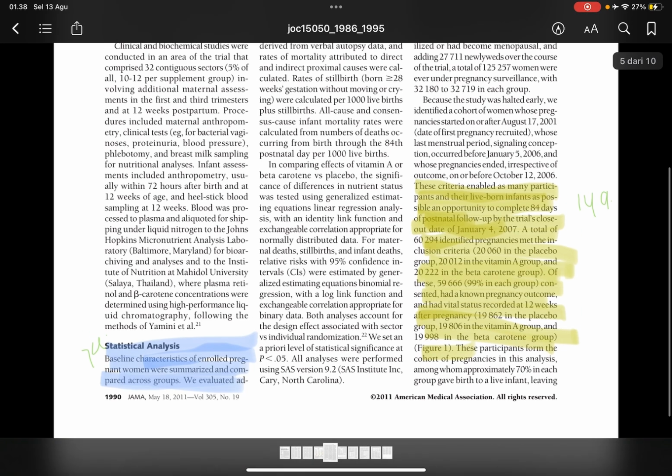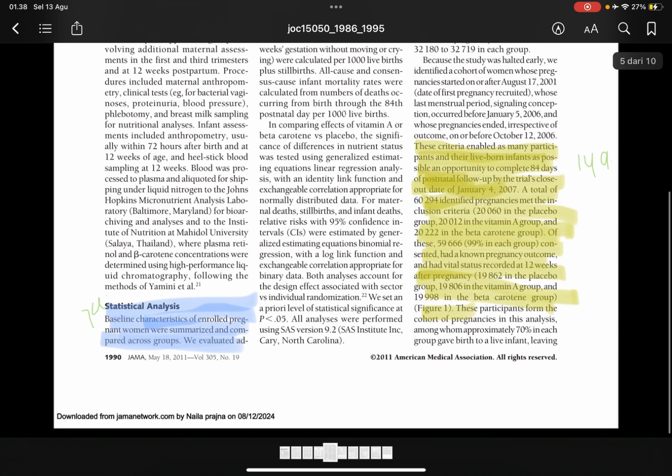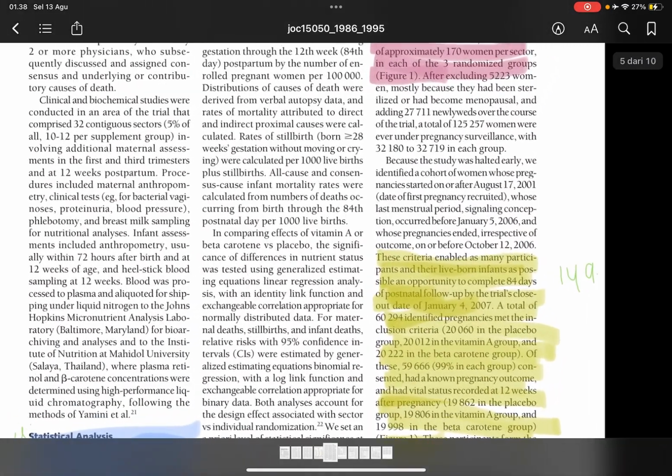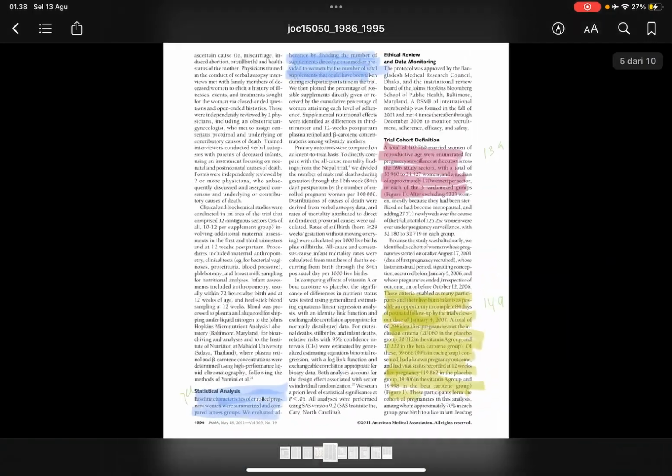Next is still in the trial cohort. I can find checklist 14A, which means dates defining the periods of recruitment and follow-up.